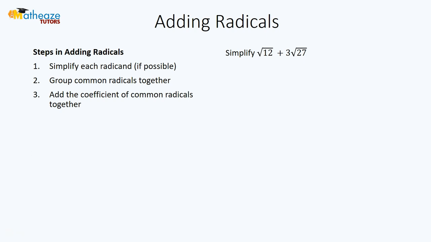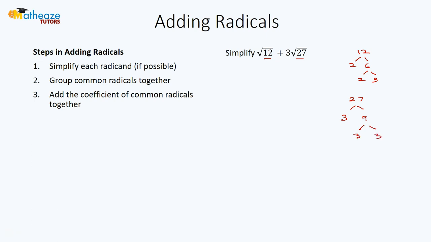Now, in this case, we don't have the same radicand, so we're going to simplify each of these terms. So we'll look at decomposing 12: 2 and 6, 2 and 3. And 27, we decompose that to 3 and 9, 3 and 3.